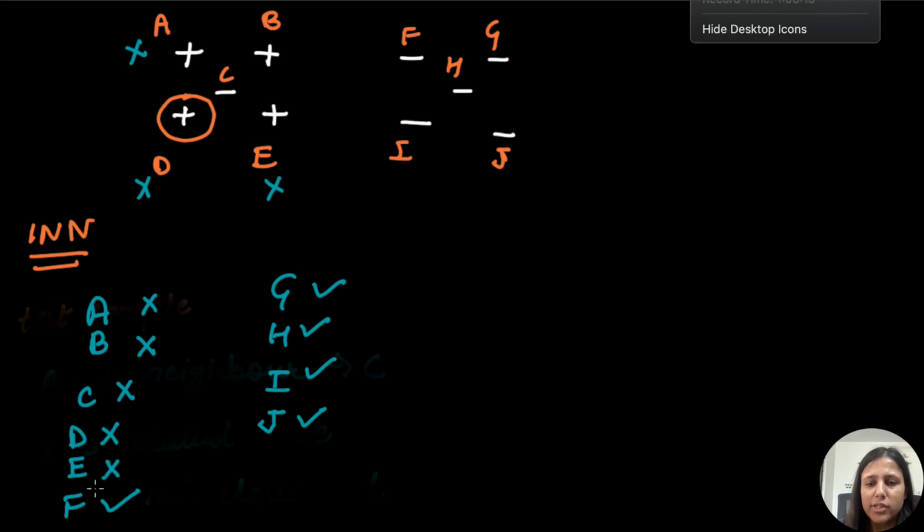But F, G, H, I and J are classified correctly in the leave one out cross validation.